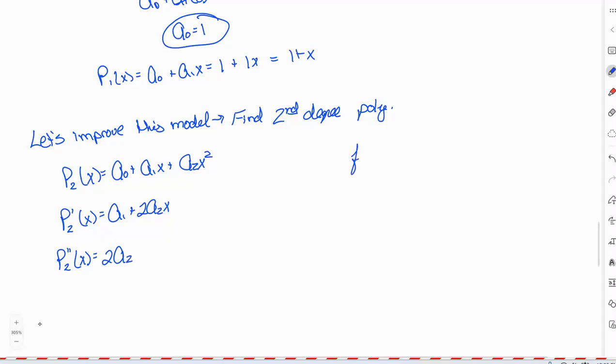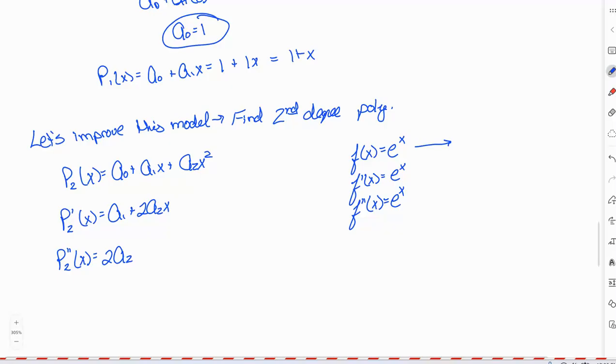So let's compare that to the original function. My function was f of x equals e to the x. That's what I'm trying to model, that non-polynomial function. The first derivative of that happens to be e to the x, and the second derivative happens to be e to the x also. We're going to force it to look like a polynomial.